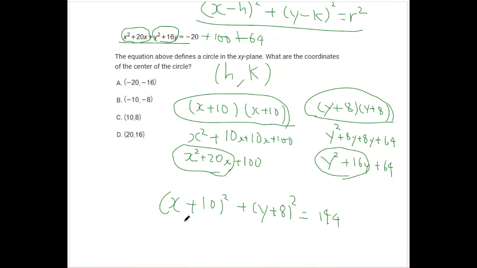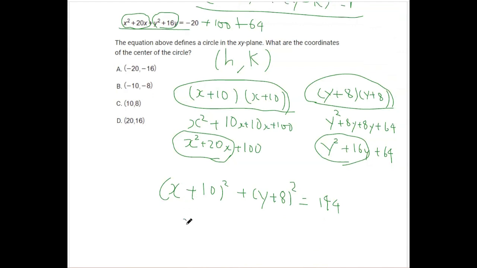A simple way to do this is to just set x plus 10 equal to 0 and y plus 8 equal to 0, and I get x is equal to minus 10 and y is equal to minus 8. So the center of the circle is minus 10 comma minus 8. So B is the correct answer.